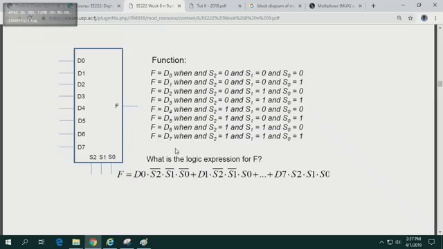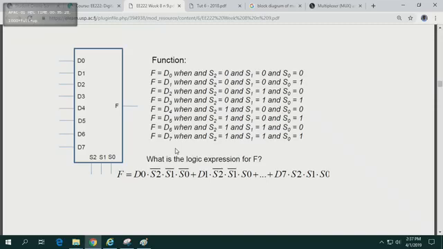Permanently feed a 0 into selector line 2. And then only data line 0, 1, 2, and 3 will be considered as possible outputs for line number F. All the others will just disappear.